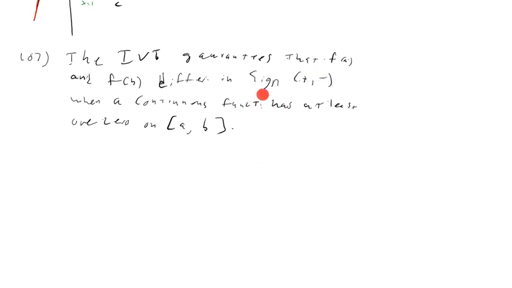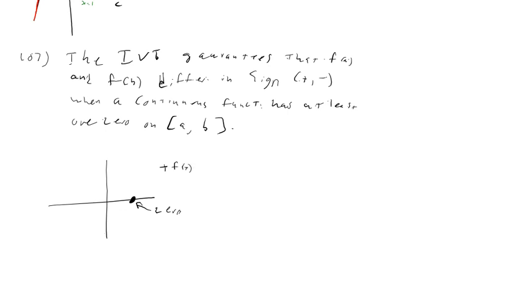Are we guaranteed to change signs from negative to positive if we have at least one zero? Let's think about this. A zero means a place where it crosses the x-axis. This is what we have. We have a zero. Here's all my positive f of x's. Here's all my negative f of x's.